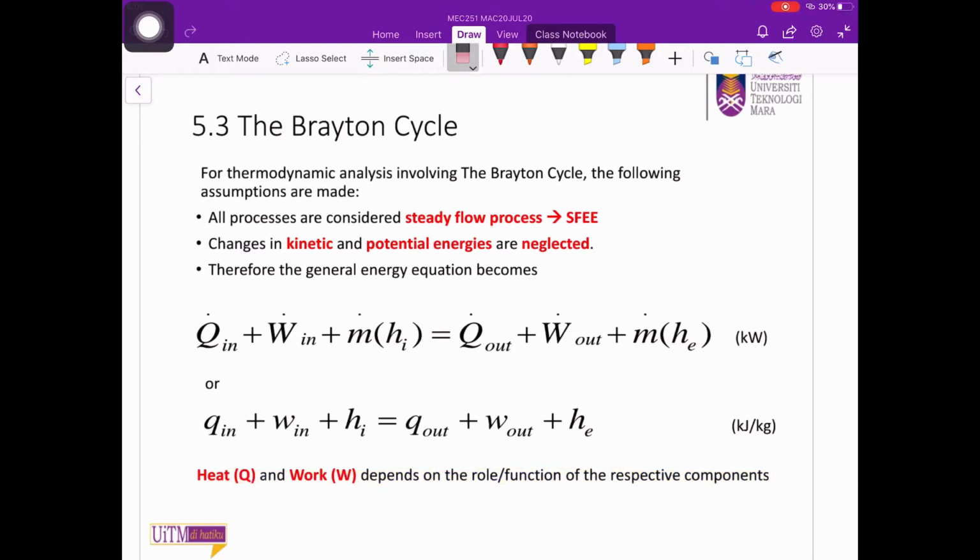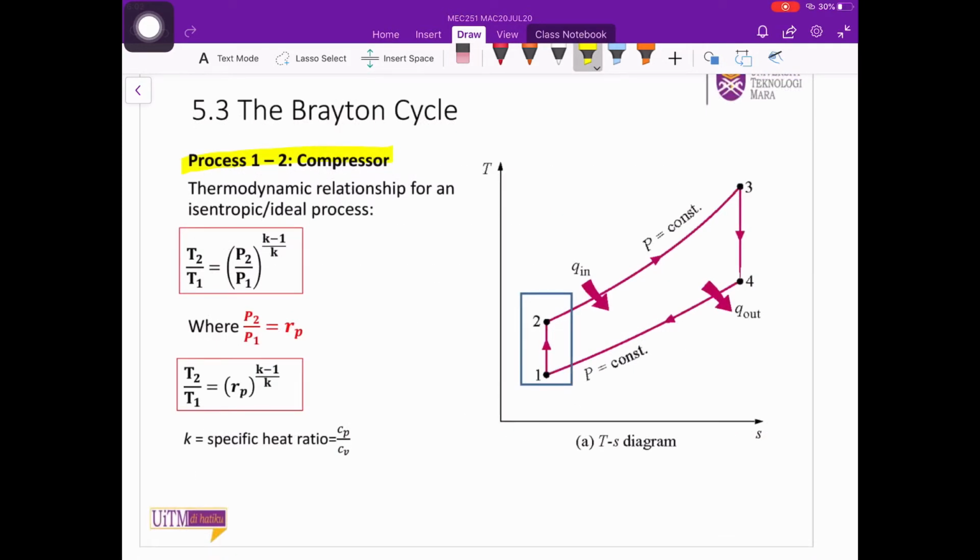Now let's have a look at the method to analyze each of the devices involved in the Brayton cycle. For process 1 to 2 across the compressor, since this process runs isentropically, we can use the isentropic relations for ideal gases.